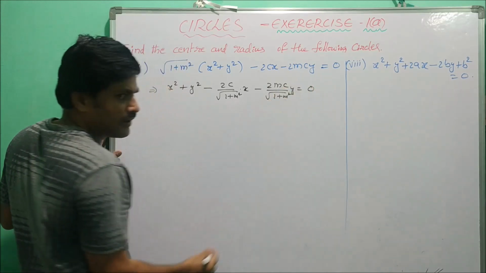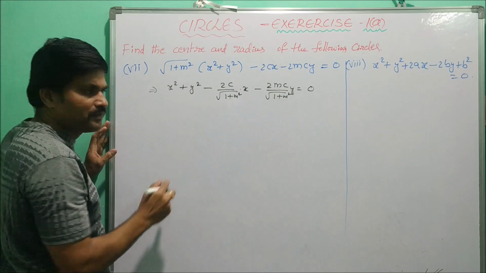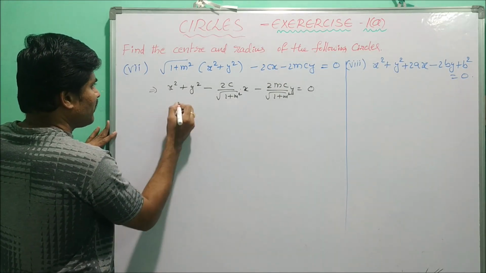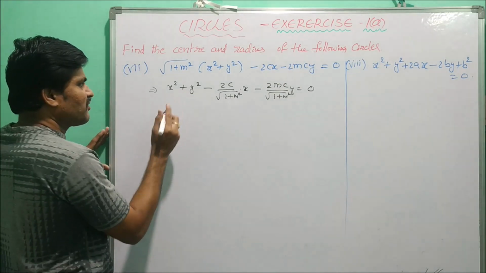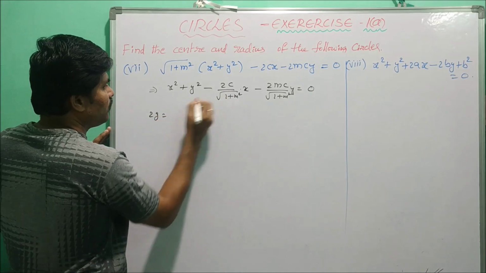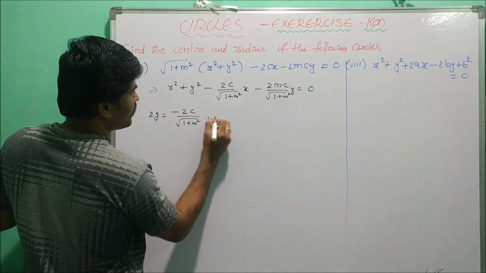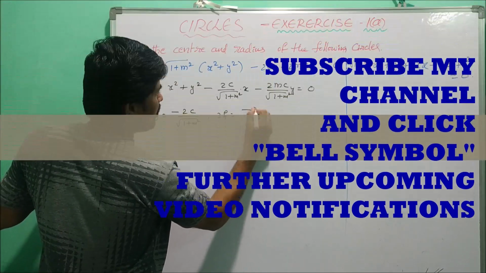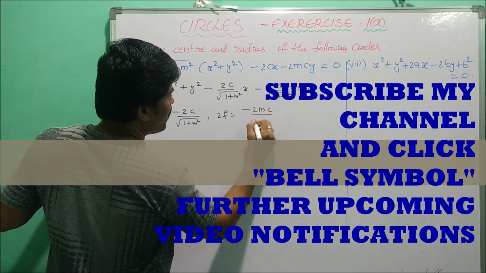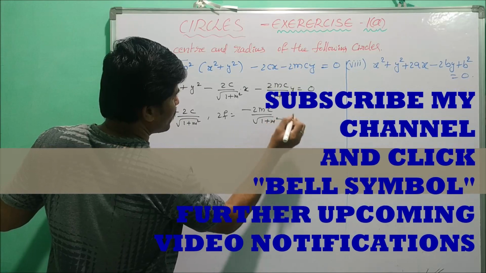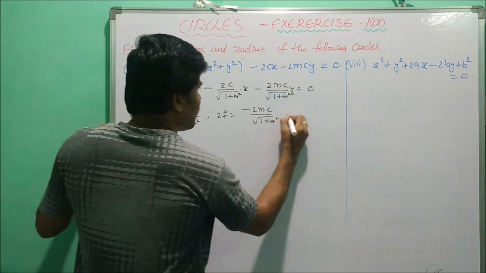Here constant is 0. So in this, comparing with general form of circle, 2g value is minus 2c by square root 1 plus m square. 2f equals to minus 2mc by square root 1 plus m square. And c equal to 0.